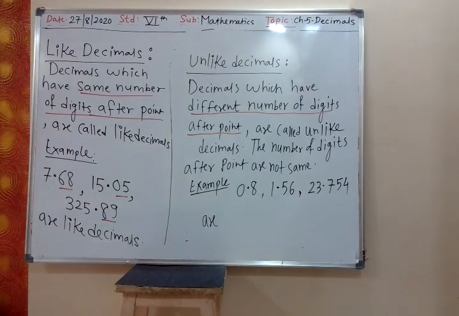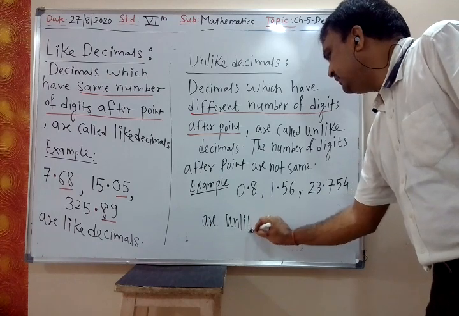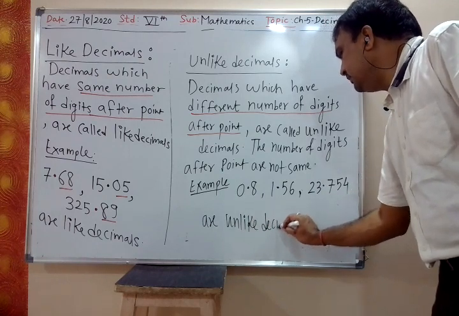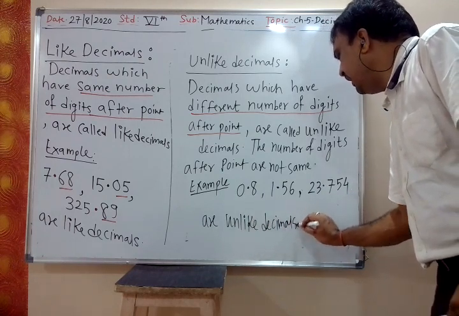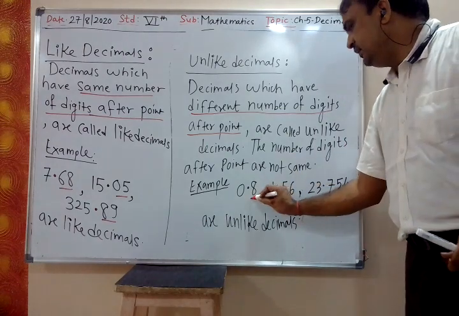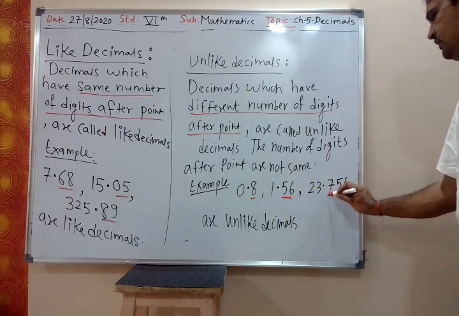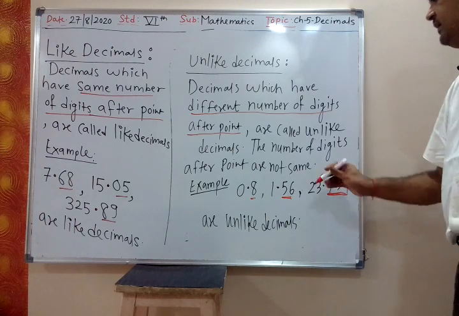See, it is very much clear, right? Unlike decimals, because after the point the number of digits should be the same.